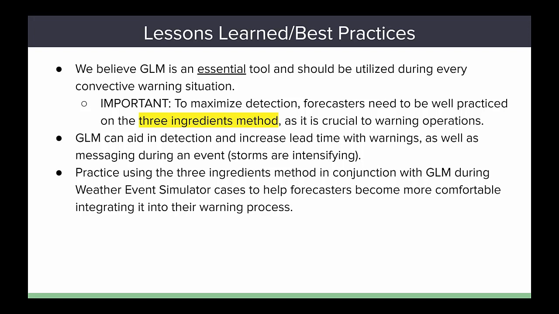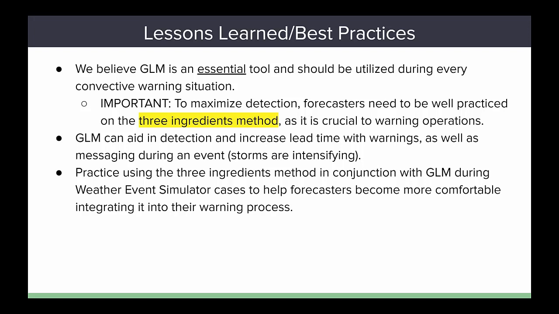And also an important note, in order to maximize detection, forecasters do need to be well practiced on the 3 ingredients method, especially dealing with QLCS cases, because GLM is a nice tool, but if you aren't well versed with the 3 ingredients method, it's not going to be as useful. So that is very, very crucial to warning operations.